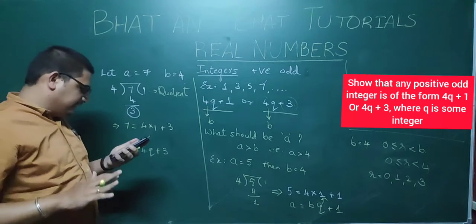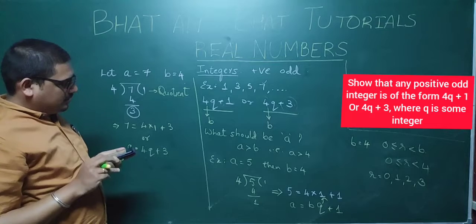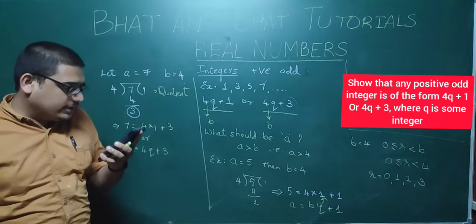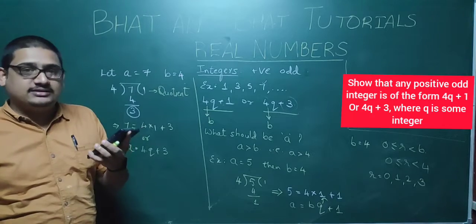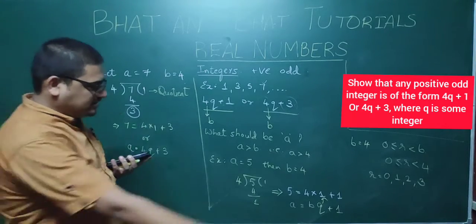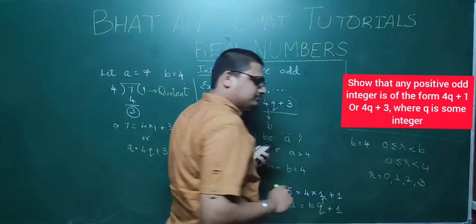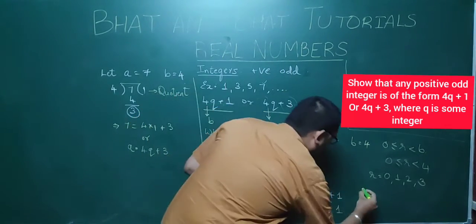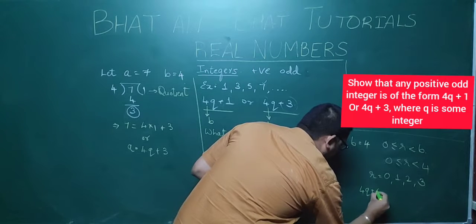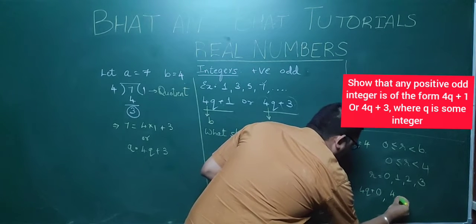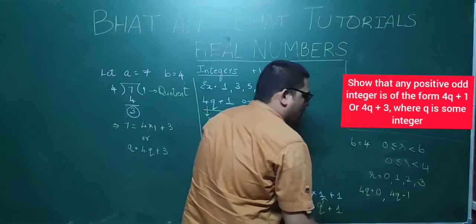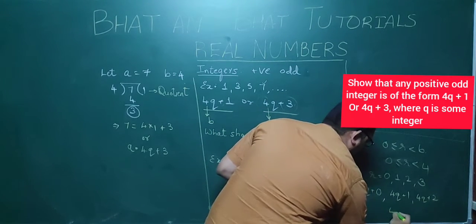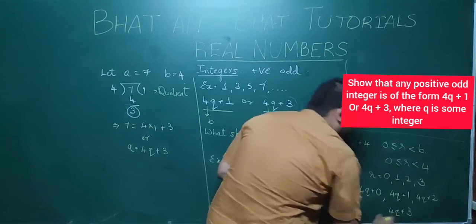So before going into the statement, let's just revise. It said 4q plus 1 or 4q plus 3. So based on this understanding, what can I say? I can write it as 4q plus 0 or 4q plus 1 or 4q plus 2 or 4q plus 3.